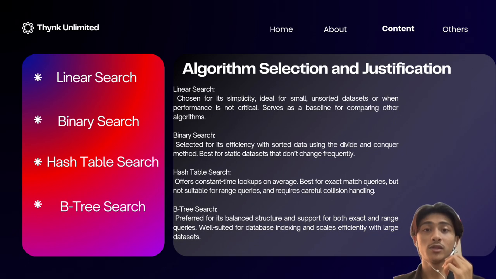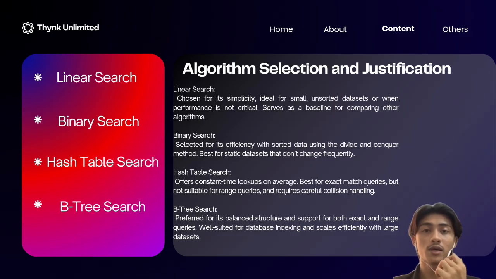Okay, before we jump into the methodology, I will briefly explain the algorithms that we have selected. Our group selected 4 commonly used search algorithms that represent different approaches and efficiencies. First one is linear search, a simple method that checks each record sequentially. And binary search is a more efficient technique that works only on sorted data.